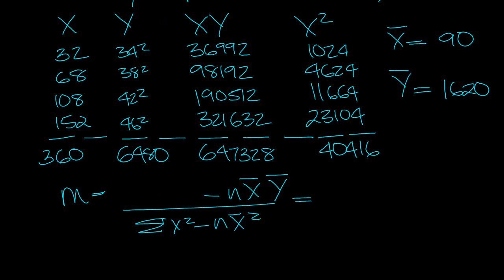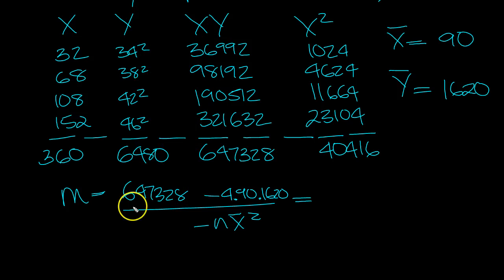So 647,328 minus n, which is 4, times x bar y bar. 4 times 90 times 1620, over the summation of the x squareds, 40416, minus 4 times x bar squared. X bar squared is 90 squared.